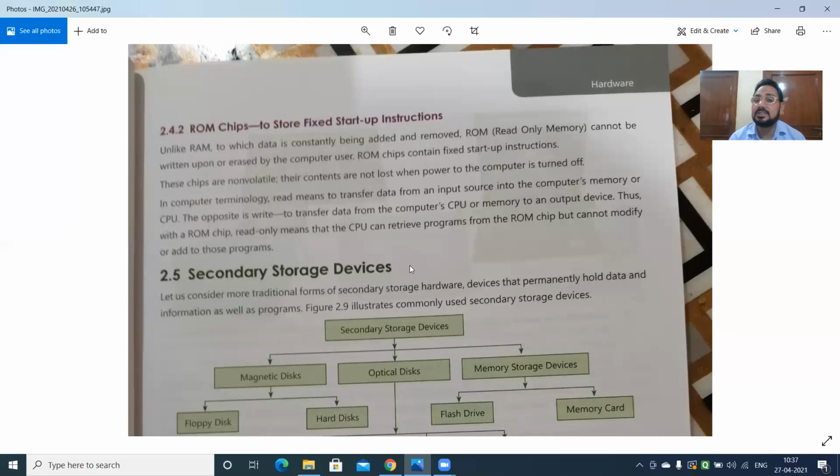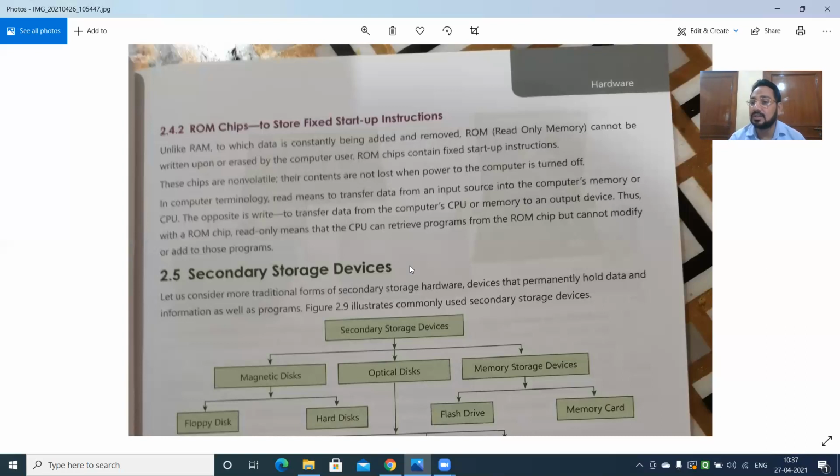ROM chips contain fixed startup instructions. As I said, when you start a system, you get information like Lenovo or HP or whatever system you have, and then it shows the system check, and then shows RAM information, or even different BIOS setups.